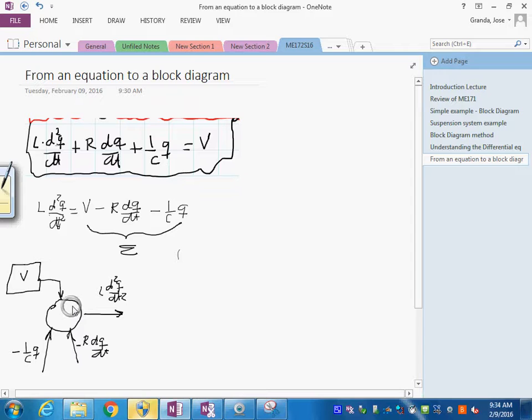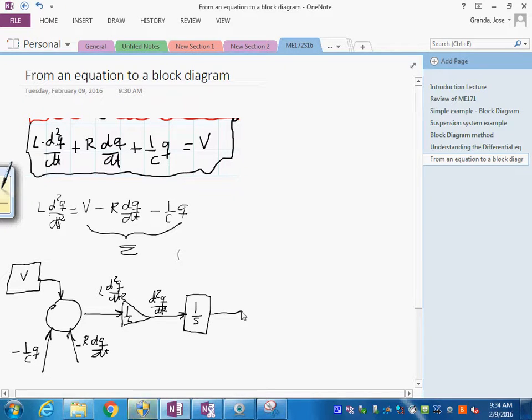This is the symbol that Simulink uses for integration. We're going to see in a moment where that symbol came from. And if you integrate it again, you're going to get q. And of course, you could use a scope here like that. There we go.